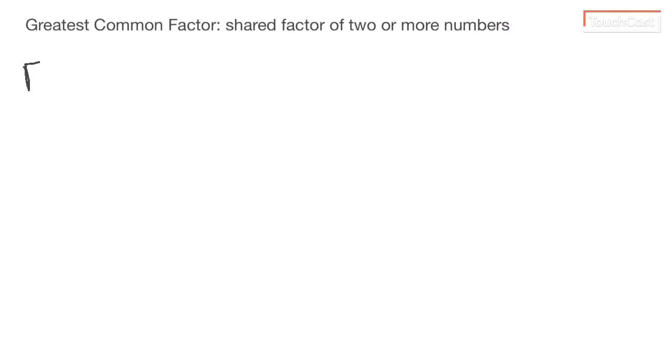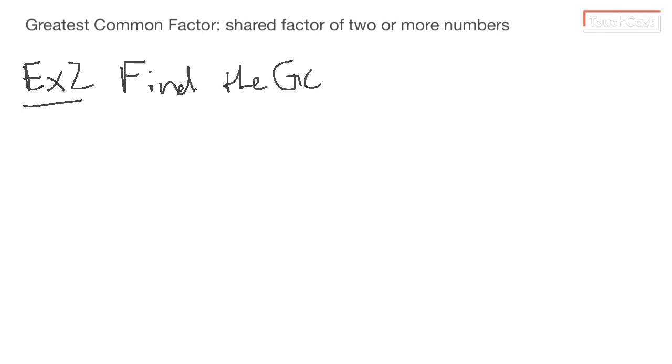Example 2. We're going to find the GCF, greatest common factor, of 24 and 60.